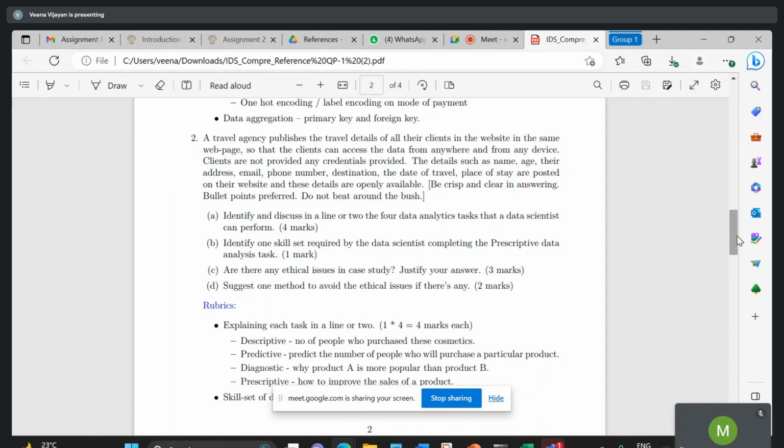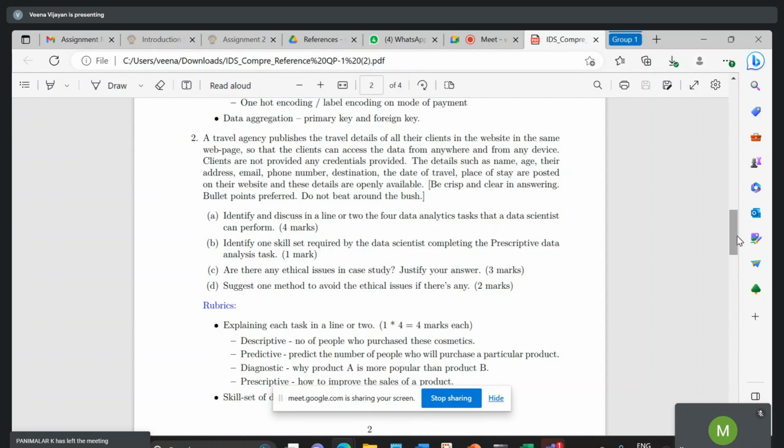What do they mean by don't beat around the bush? Don't write so many things. It means only in bullet points we need to write the answers. Somebody was telling that they wrote just one word or one line, and the marks were reduced. So don't write just one word.